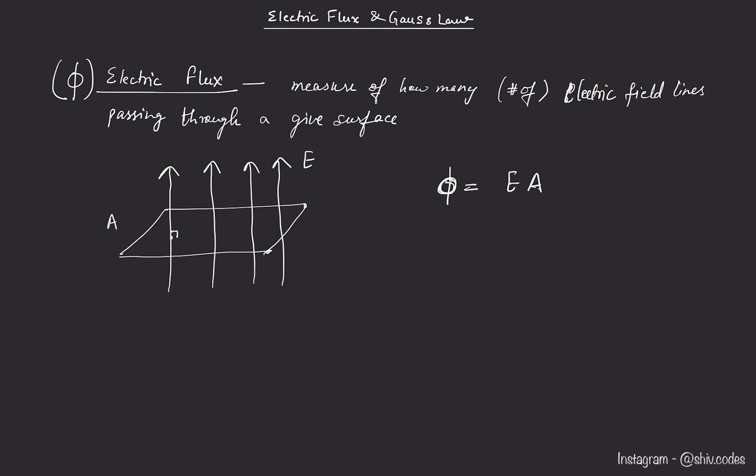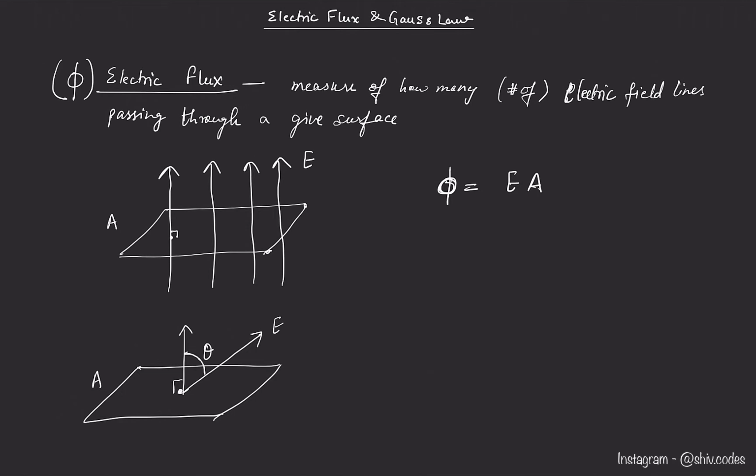So in a more generic case, let's say this sheet is in a space where the electric field lines are not at an angle of 90 degrees but at some angle theta with the perpendicular.